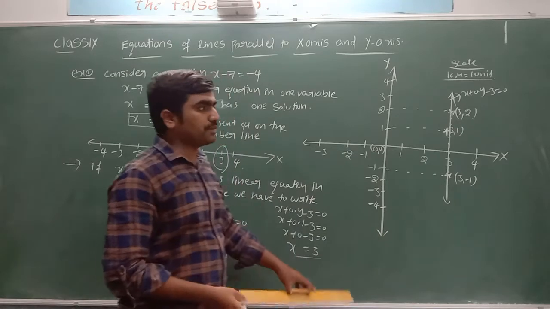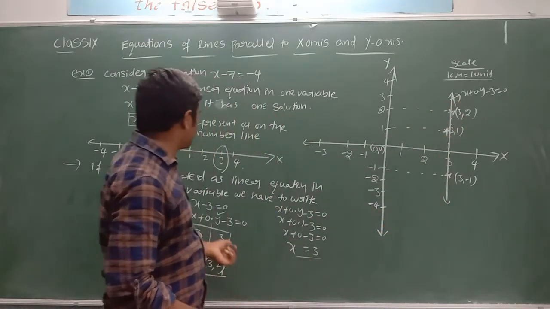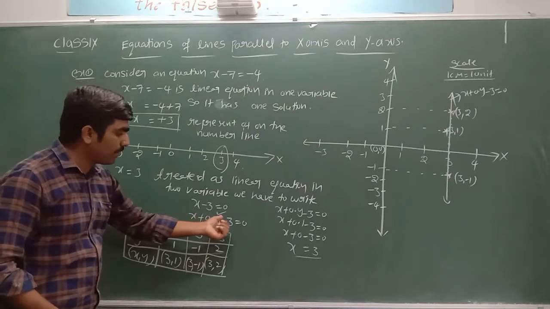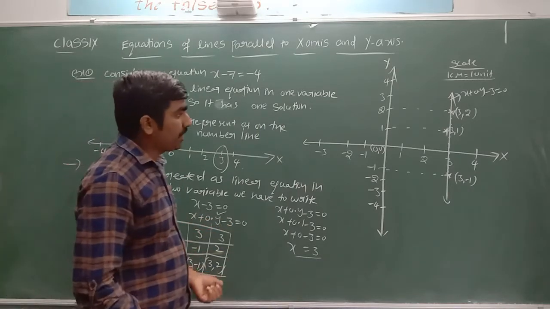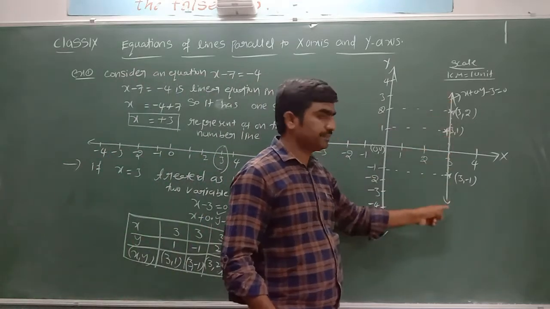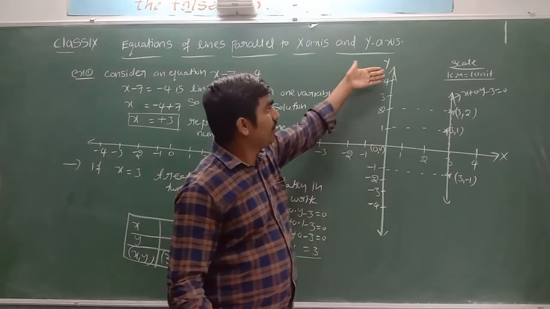So what can we observe here? We can observe that x plus 0 into y minus 3 equal to 0 is a linear equation in two variables whose graphical shape is a straight line, and this straight line is parallel to the y axis.